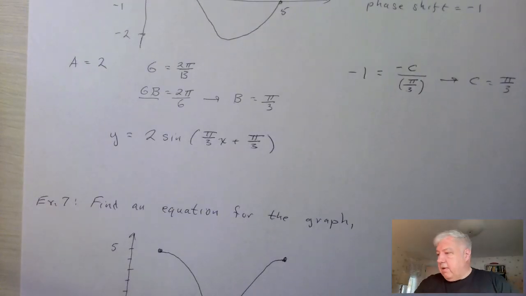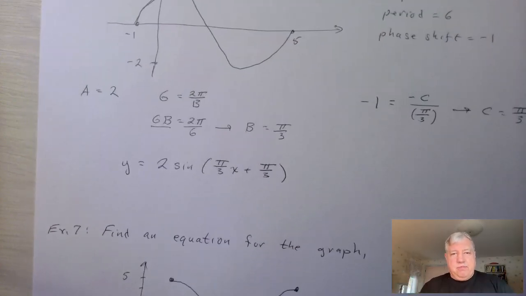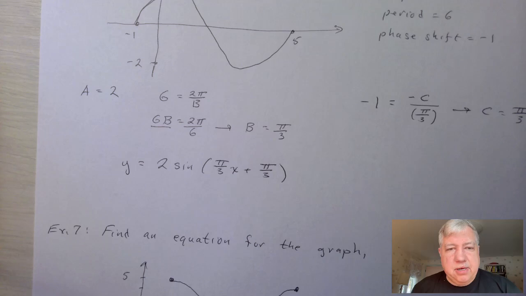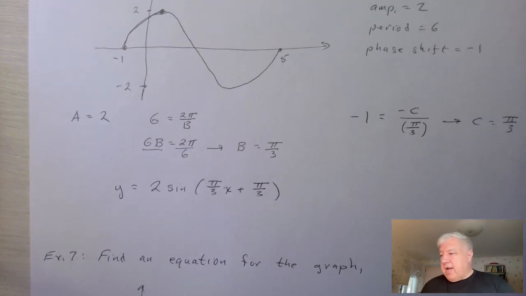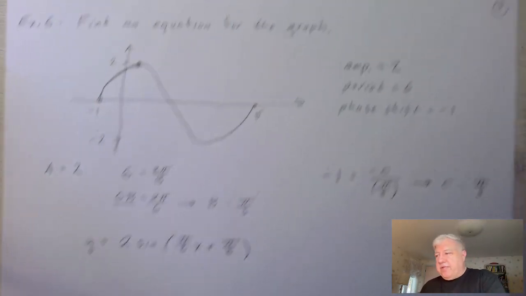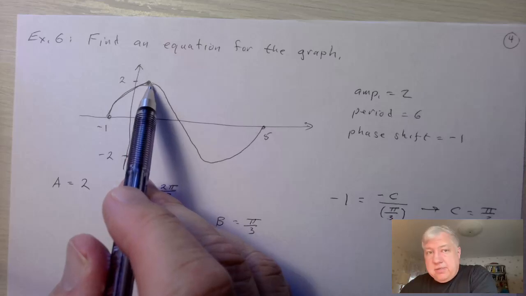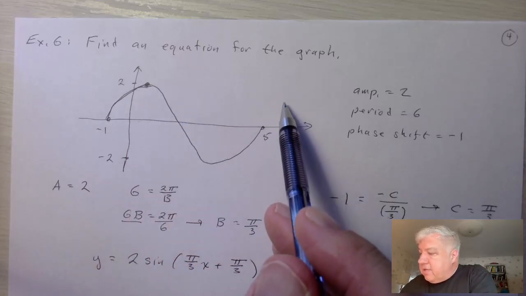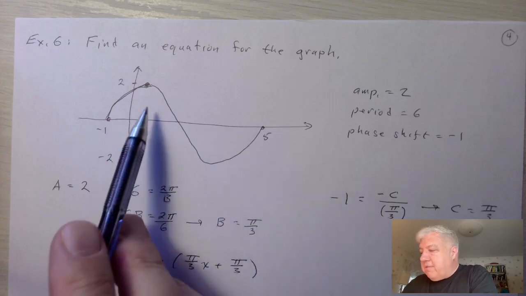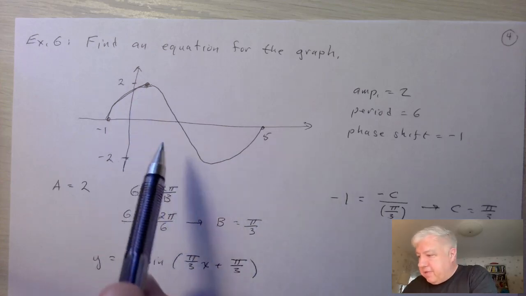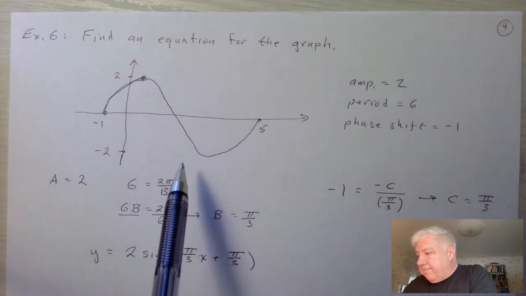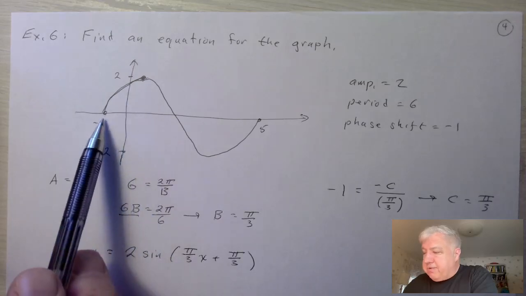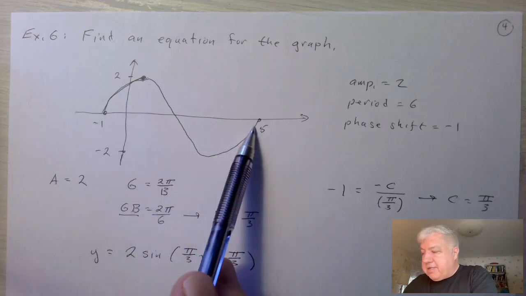Okay. Now, of course, you could also write this as a cosine function using the fact that cosine and sine are related by a phase shift, or you could just take this and then go up here again and figure out the coordinate of this, and you can see, that's not too hard because from here to here is 6.